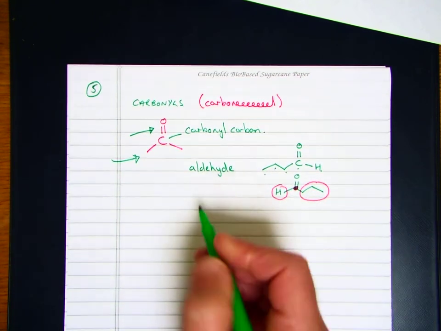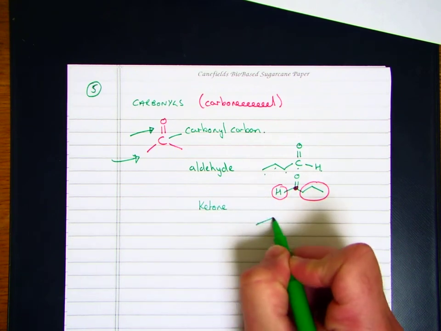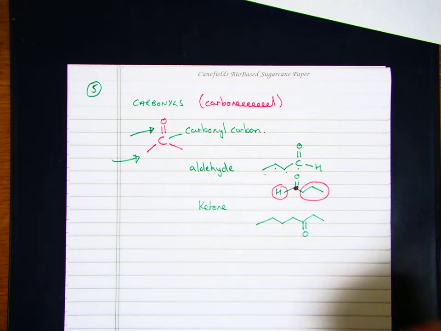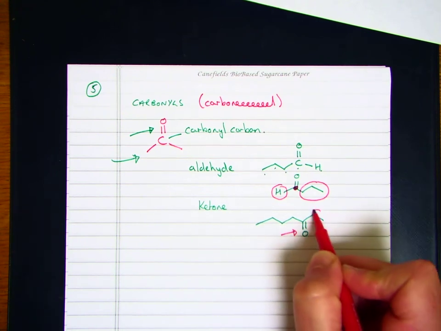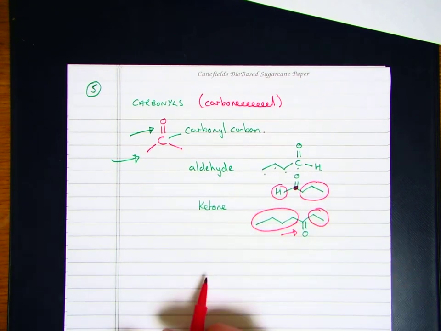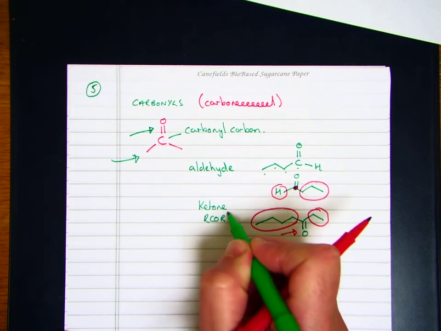The next example, as we move further down the page, is a ketone. Now a ketone looks like this. It simply has a carbonyl center with a carbon chain on both the right and the left. And again, you can see the carbon chains can be the same length or different lengths. And the abbreviation for this is RCOR'.